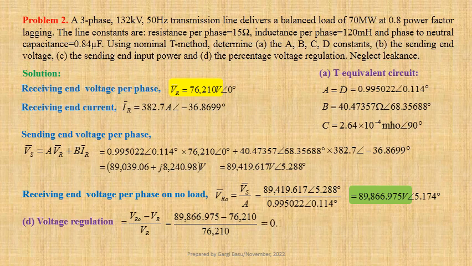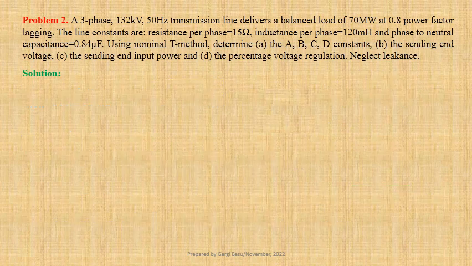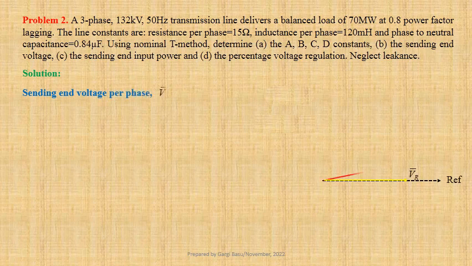That gives us 0.1792 per unit or 17.92%.